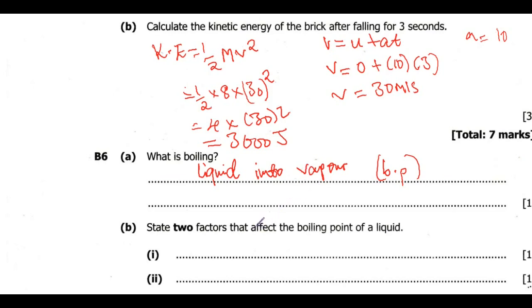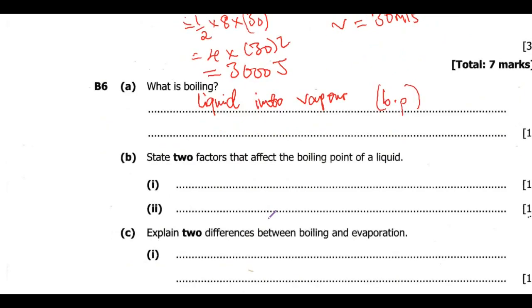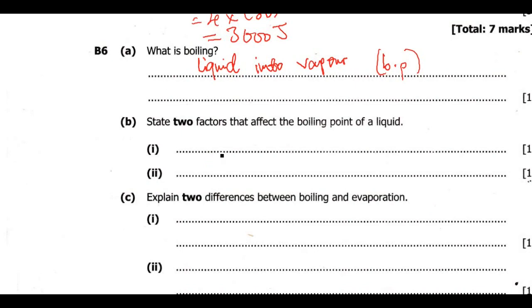Sets of factors that affect the boiling point of a liquid. So what factors would affect the boiling point of a liquid? The factors we have are the purity of the substance, whether the substance is impure or not, so it has got particles in it that can affect.